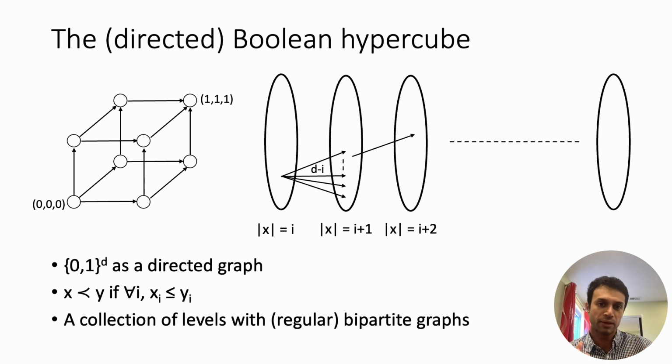So between every two levels, it's a regular bipartite graph because the degrees are all the same. And then you can see in this picture that from the ith level to the (i+1)th level, the degree from the i side to the i+1 side is exactly d minus i. So this is the directed Boolean hypercube, the object of our study.